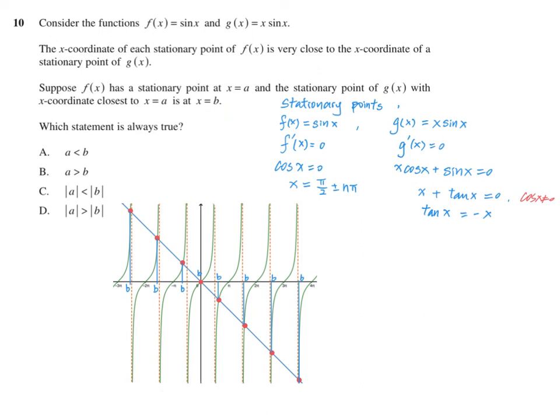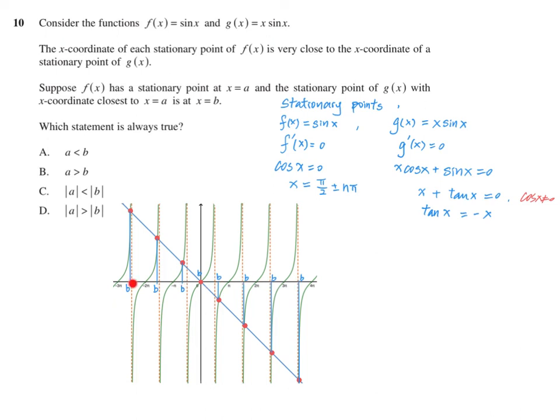How about the value of a? For the function f(x), the first derivative equals 0 at x equals pi over 2 plus or minus m pi. Where is it? It is at the discontinuous points of the function y equals tangent x, which means it is located at the orange lines.